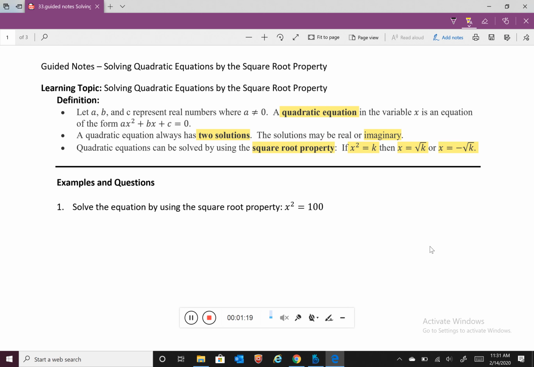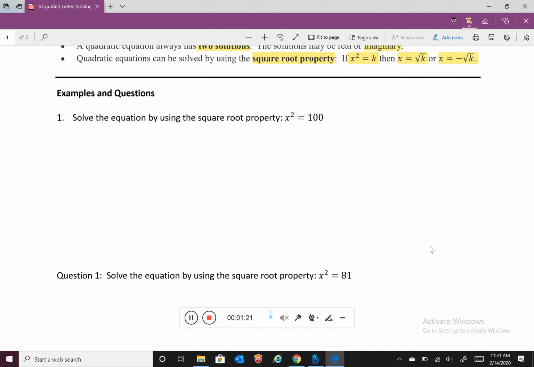So for example, we're going to solve this equation by using the square root property where x squared is equal to 100. Now because this is quadratic, I have two solutions, and that is because the degree of this equation is 2. So if x squared is equal to 100, I want to get rid of that square, and to undo a square, I use the square root.